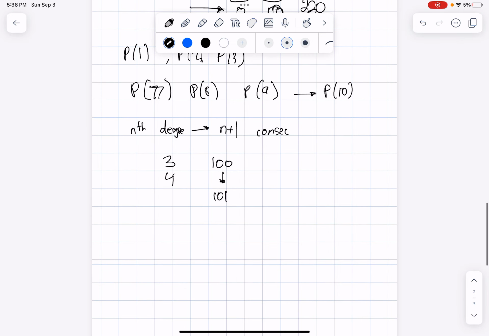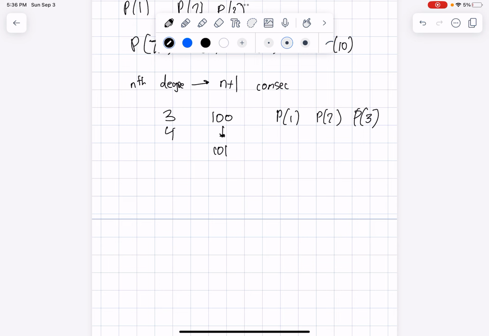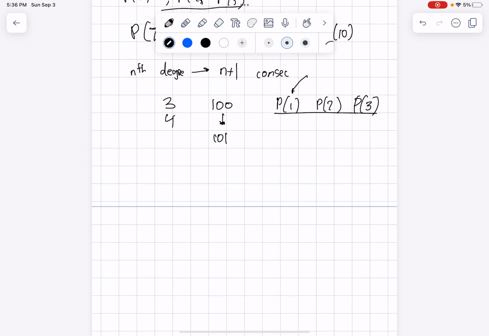But in not all scenarios will we have numbers listed out so nicely, like p of 1, p of 2, p of 3. Well, this method also works for any terms which have a constant difference in the x value. So if you were given p of 1, p of 1.5, and p of 2 for a quadratic equation, you would be able to find p of 2.5.